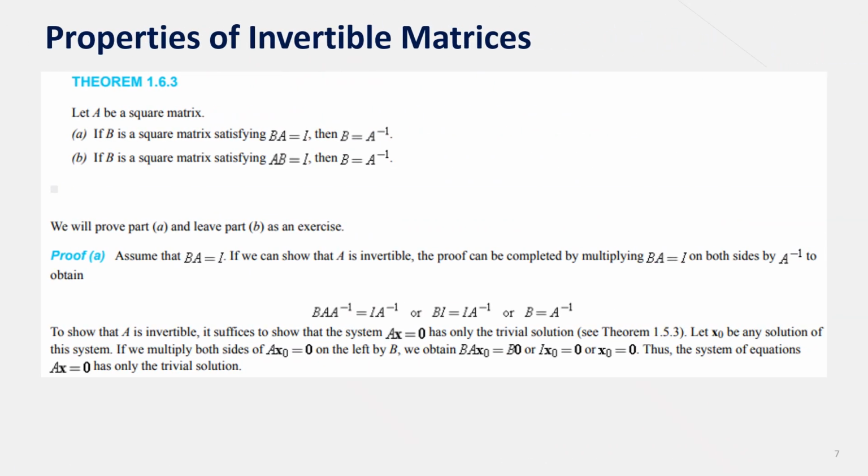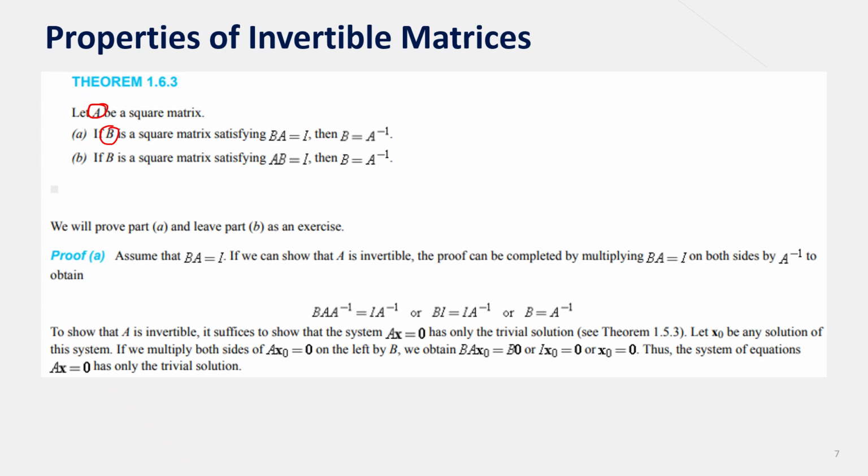Okay, next is a theorem that we have seen earlier, in which it shows the relationship between square matrices, let's say A and B, and their relationship with the identity matrix and the inverse property. So this theorem says that, let's say you have a square matrix A, and also another square matrix B with the same dimension.